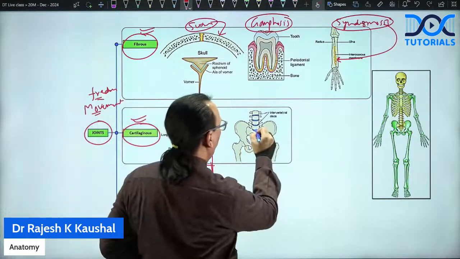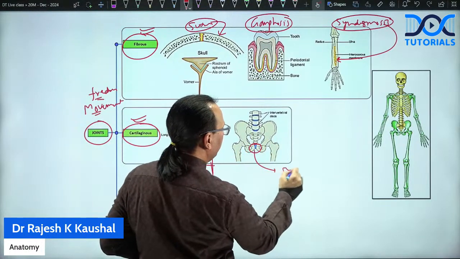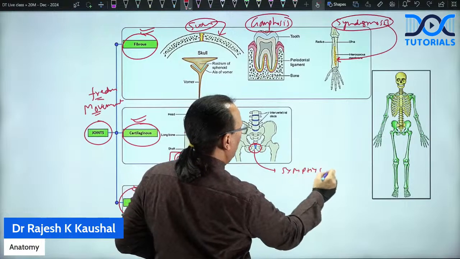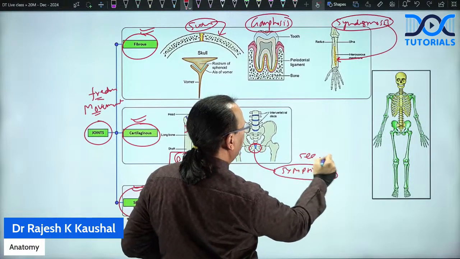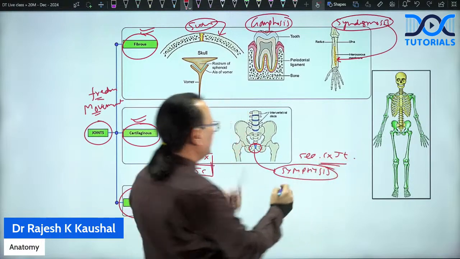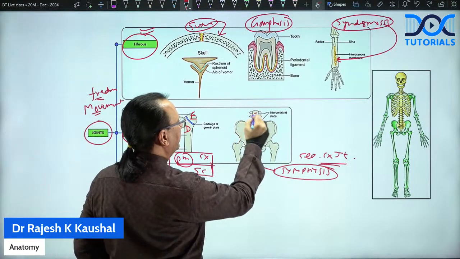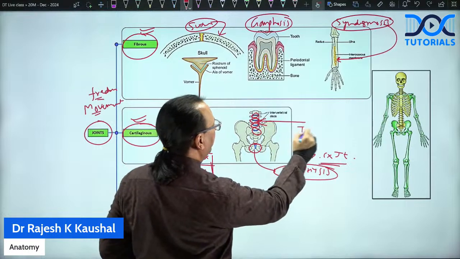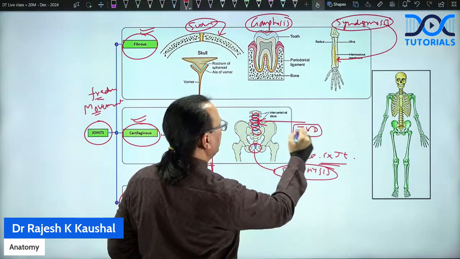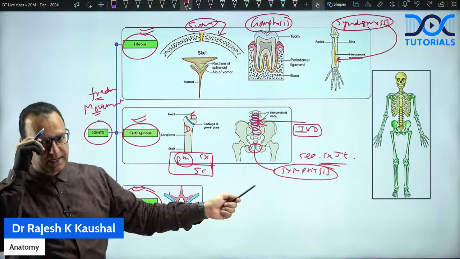And if you talk about pubis symphysis, this is a symphysis, or you can call it a secondary cartilage joint. Another example is the midline intervertebral joint, where you have the intervertebral disc. This is also a symphysis, a slightly mobile joint.